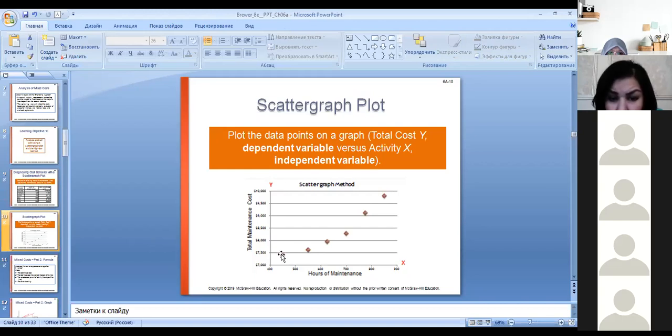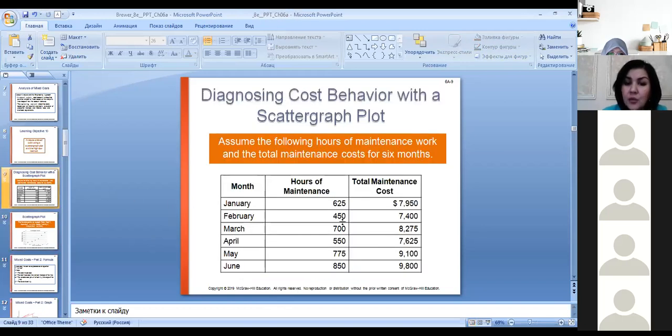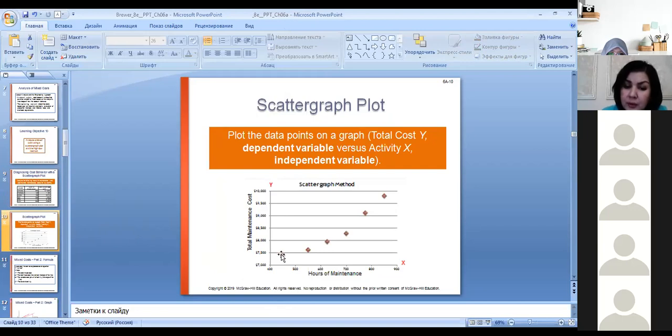So it is this point. Can you see this point? I have plotted this data, and this point has coordinates x and y. For x, it is 450. For y, it is 7,400.